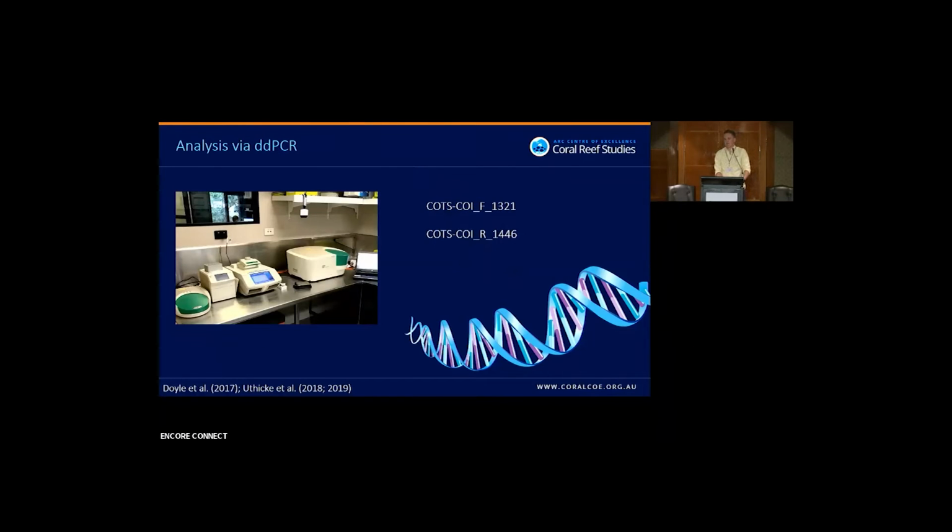And then we use the extracted DNA as well as the COTS-specific forward and reverse primers that Jason and Sven developed, and ran the droplet digital PCRs at Ames for all the samples.